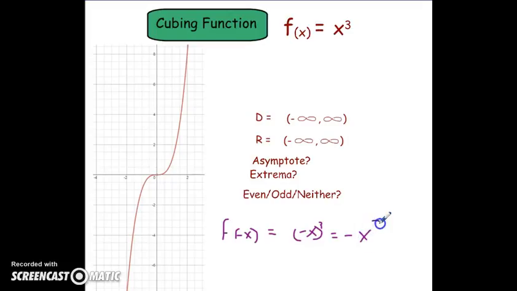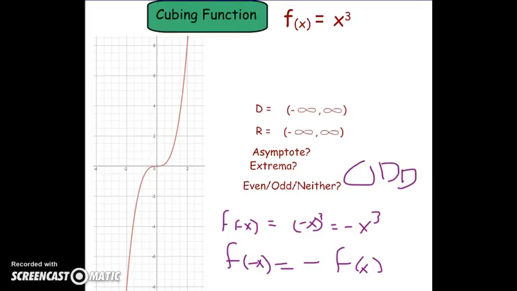The result would be negative. Well, that is the opposite of the original function. So f of negative x is equal to the opposite of the original function, f of x. Okay. And so it is odd.